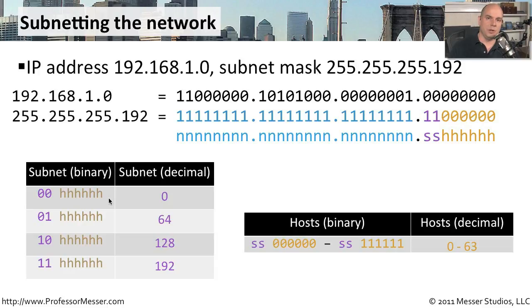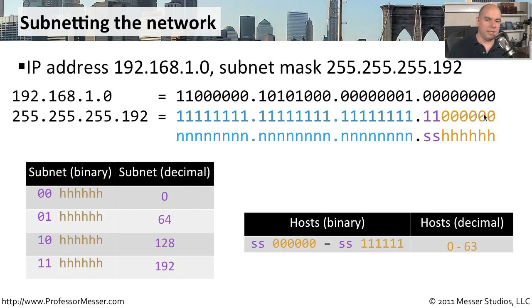They'll simply be zeros because they're part of the host address. So 00 and all zeros is 0. 01 and 00000 is 64. 10 and all zeros is 128, and 11 is 192. So those will be, at least in that 4th octet, what the network addresses or the subnet addresses will be when we start writing these out.